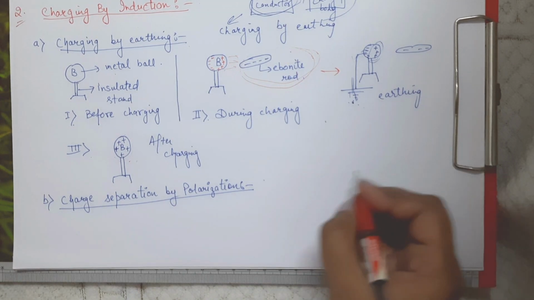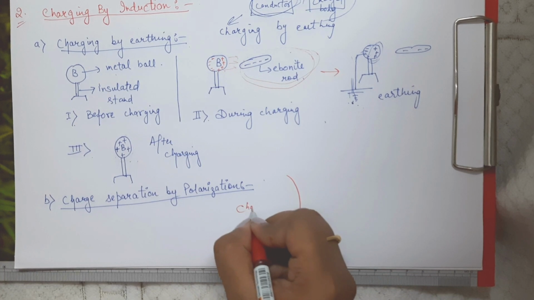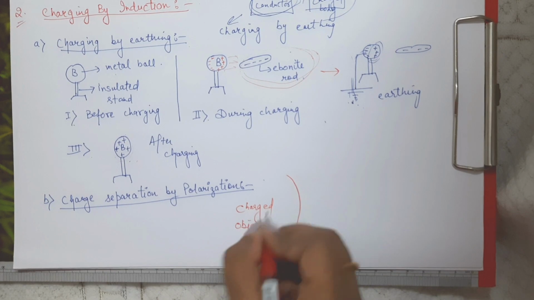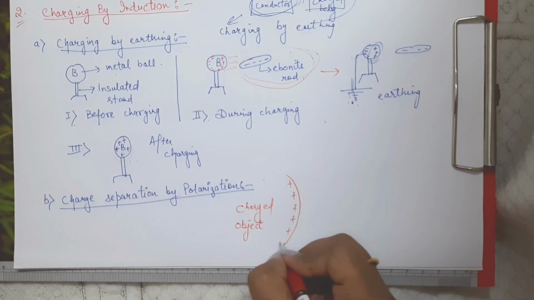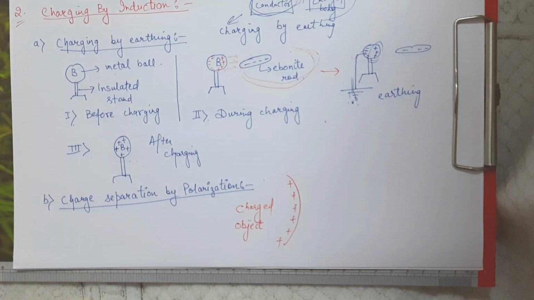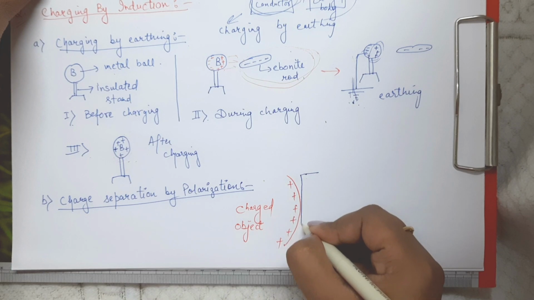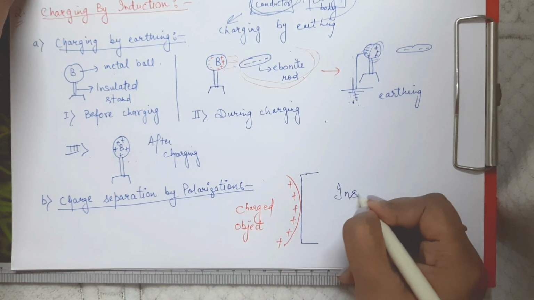Now in this case, again we will be having a charged object. Suppose we are having this charged object. This is a positively charged object. Okay, and now we are having an insulator here.